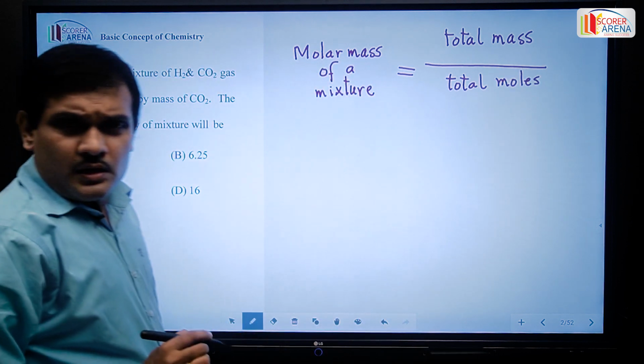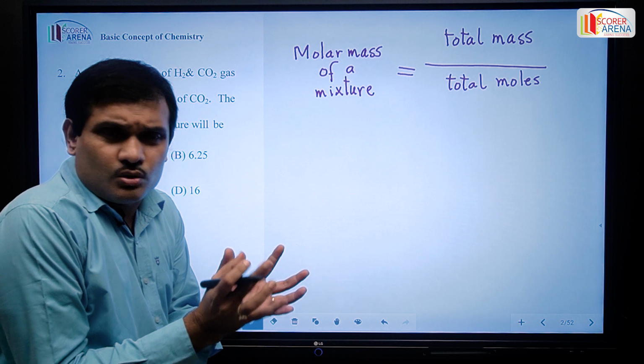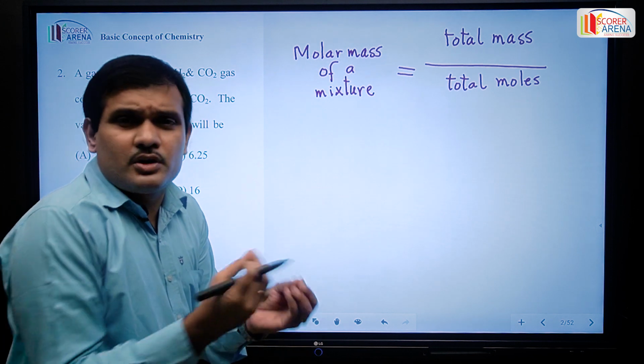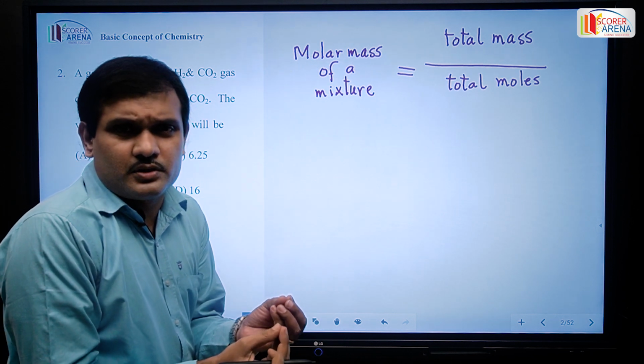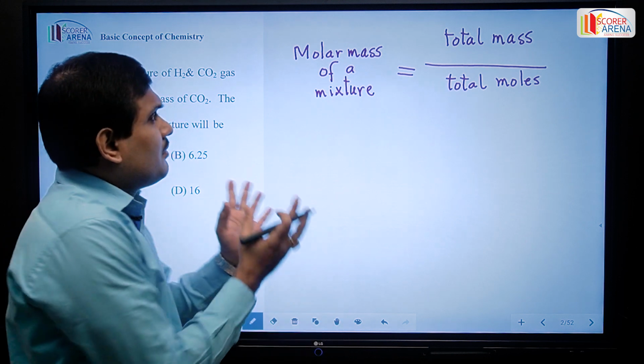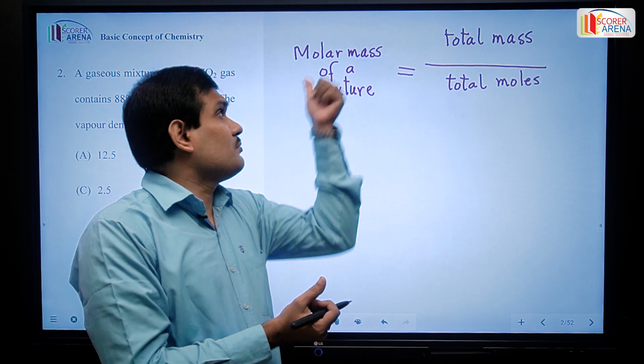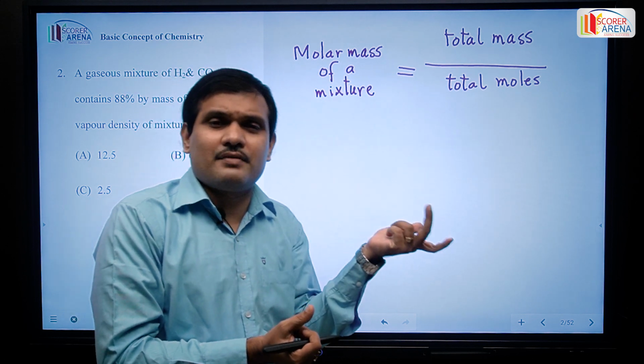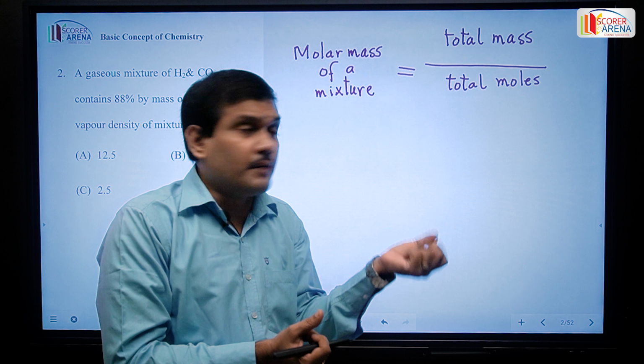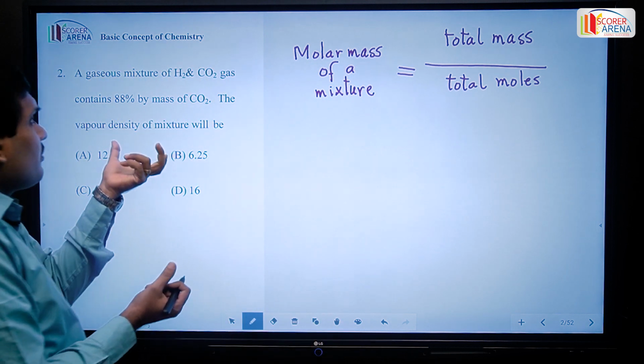By any means we have to find the total mass of the mixture, and if we divide it by the total number of moles present in the mixture, it gives the molar mass of the mixture. We may also call this the average molar mass of the mixture.